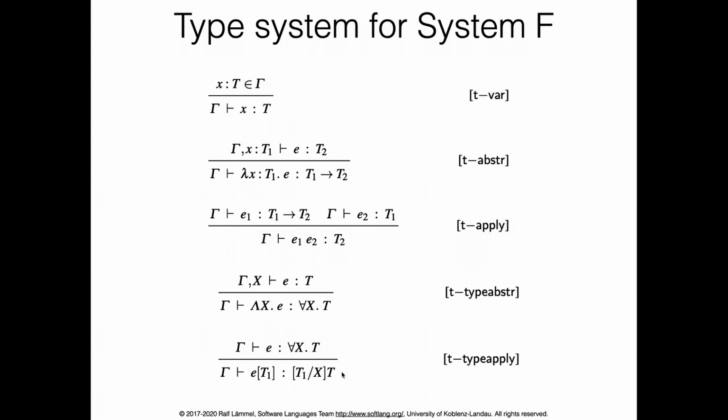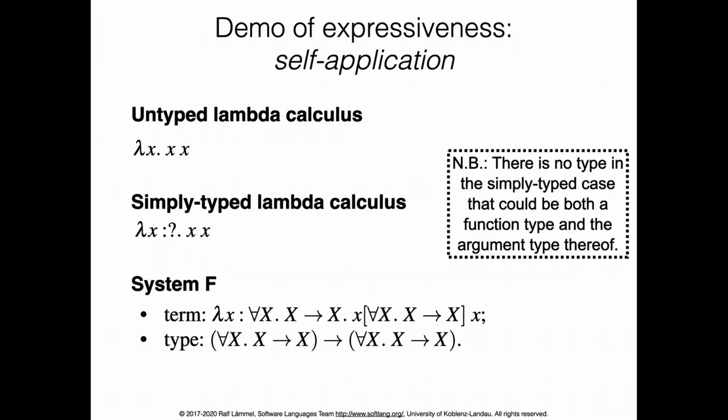No surprise. Okay, so I guess it's pretty obvious that we can do things that we could not do previously in the simply typed lambda calculus. So for example, in the simply typed lambda calculus, we could not even give a type to the identity function. I mean, no useful type. We could only instantiate the identity function to whatever specific types we had around, such as natural numbers or booleans.